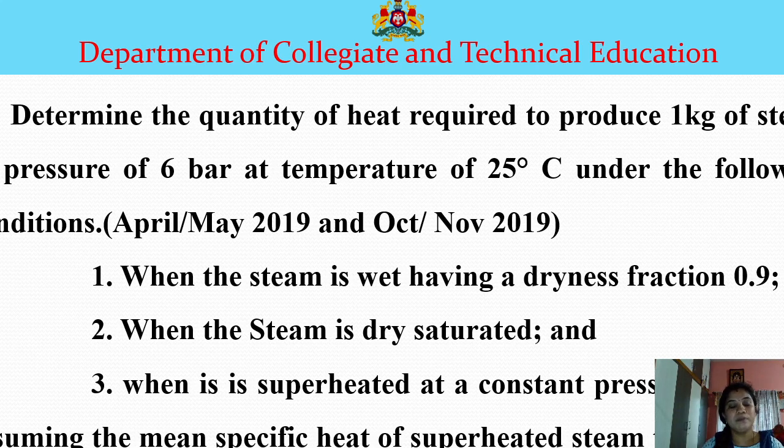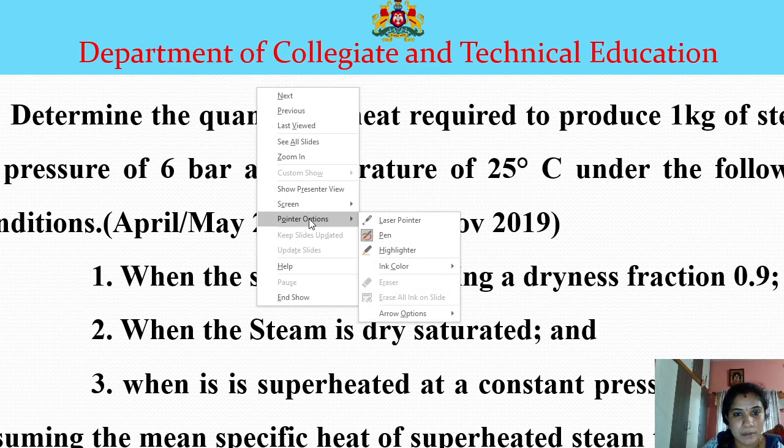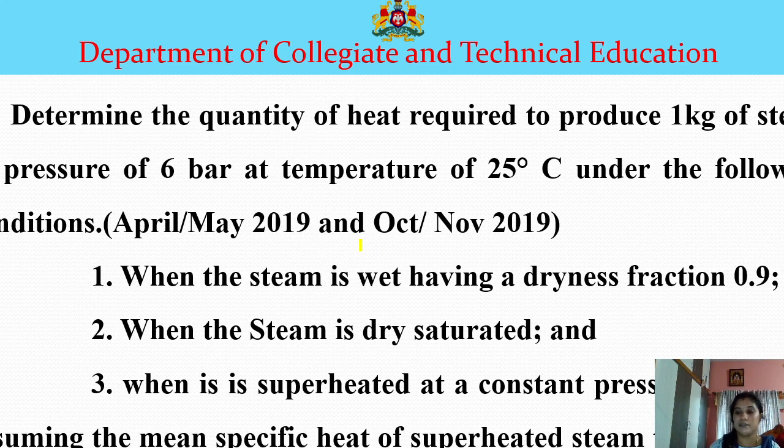The second problem. Let us read the problem carefully, once or twice, till we understand what they have given. I'll take the pointer, highlighter. They have asked us to determine, I'll read the question once: determine the quantity of heat required to produce 1 kg of steam at a pressure of 6 bar and temperature of 25 degrees Celsius under the following conditions.